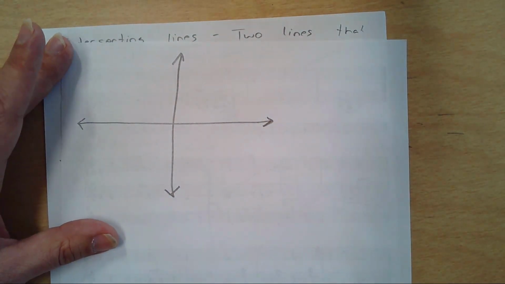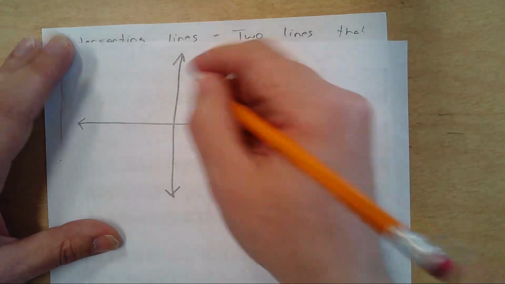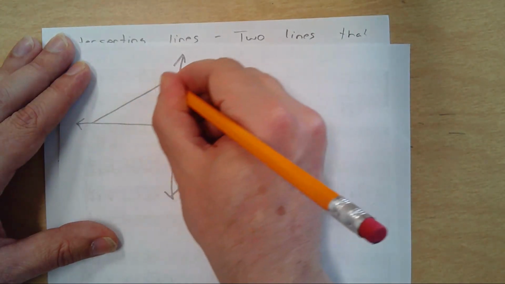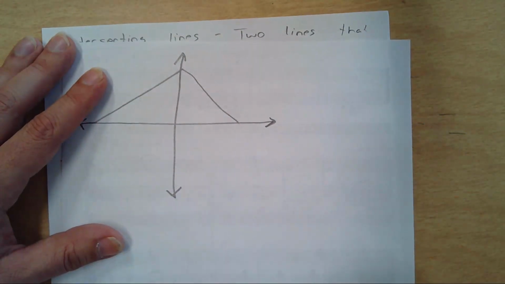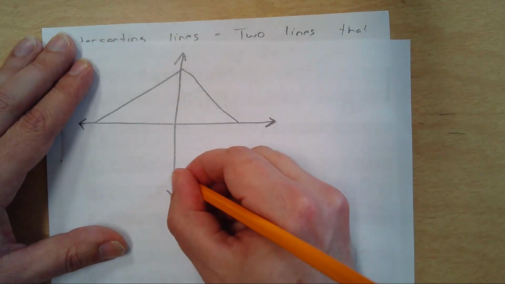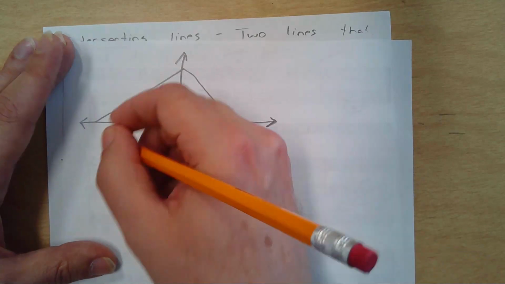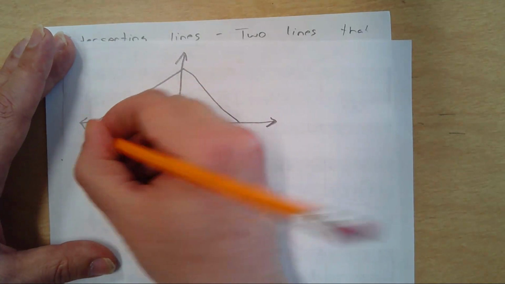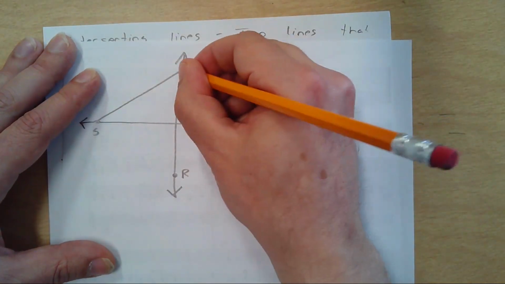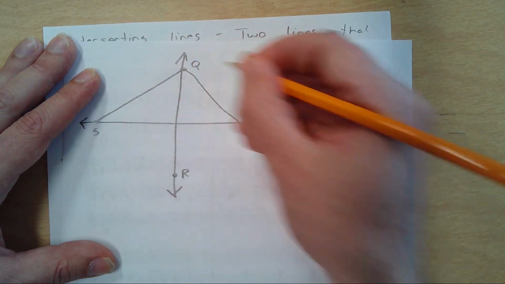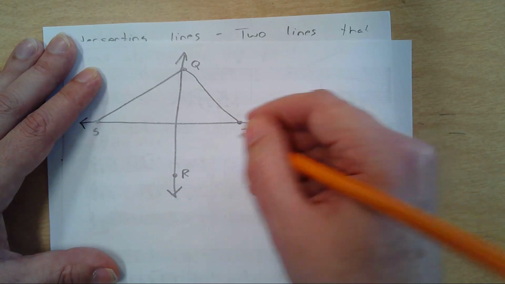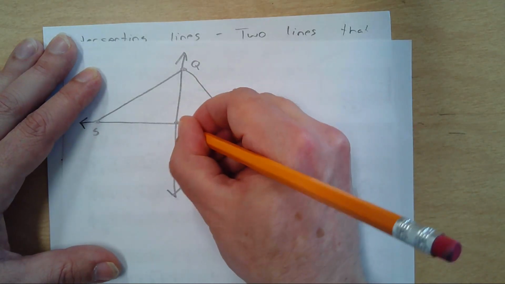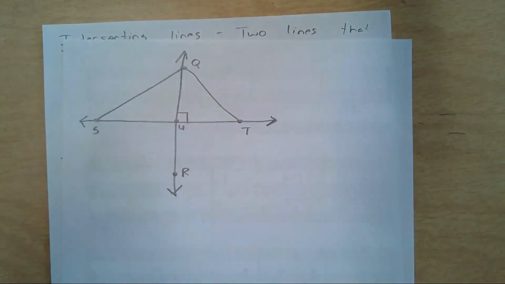Okay, so I'm going to draw this, and then I'm going to go like that, go like that, and I'm going to call this R, S, Q, T, U, throw a right angle in there.